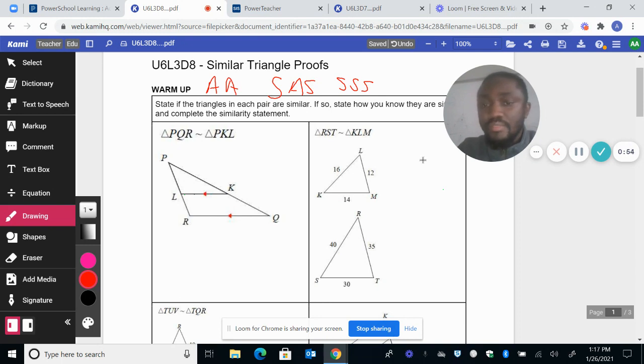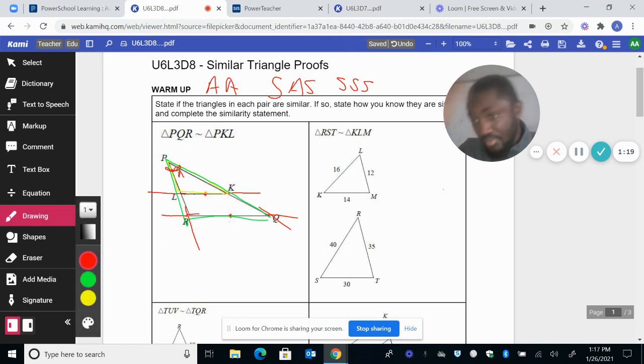As you can see, if I decide to extend this line LK and RQ and also extend this as well, and I draw this triangle and also this triangle, the angle that is common to them is angle P. And also, K and Q are corresponding angles, L and R are too.